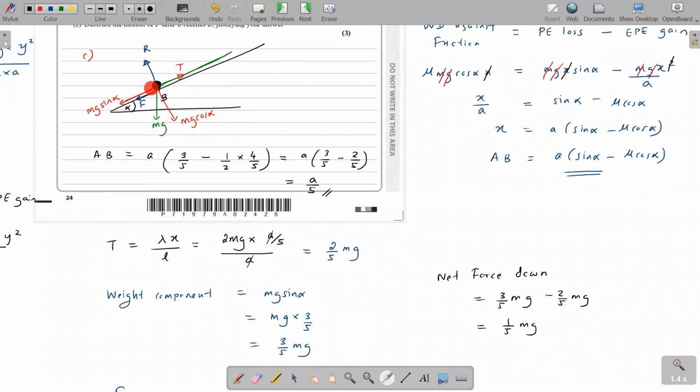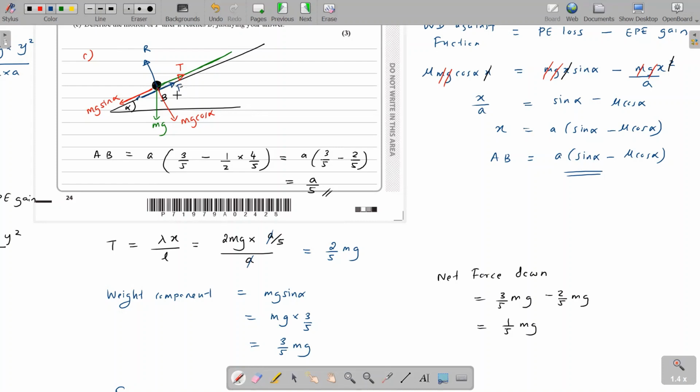So if it's at rest here, what does it mean? It means the friction must act in this direction to balance it out. Now they say it's at rest at this point, right? So first thing you realize is, since tension is lower and mg sine alpha is higher, it has no intention of returning up. It's definitely not going to come up, and if it's remaining at rest here, the friction should be acting upwards.